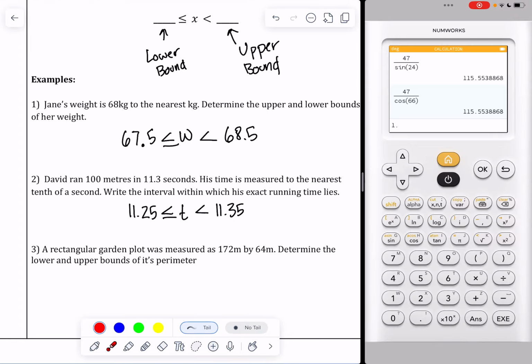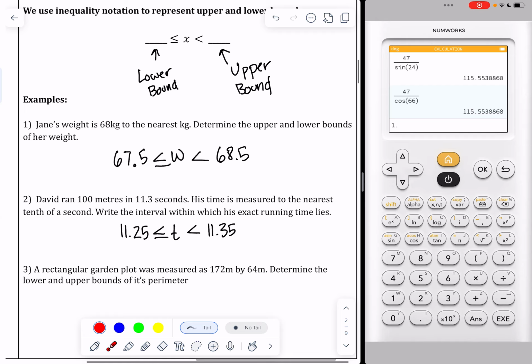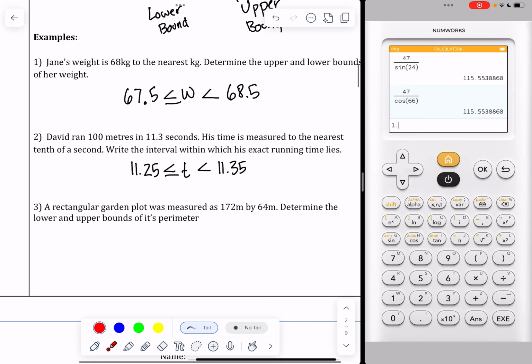All right, last one here. So we have a rectangular garden plot that was measured as 172 by 64 meters. Determine the upper and lower bounds of its perimeter. So for perimeter, that is adding up all the sides.